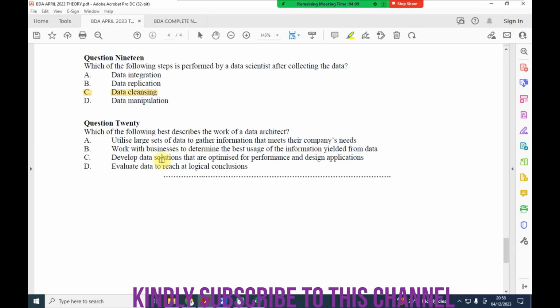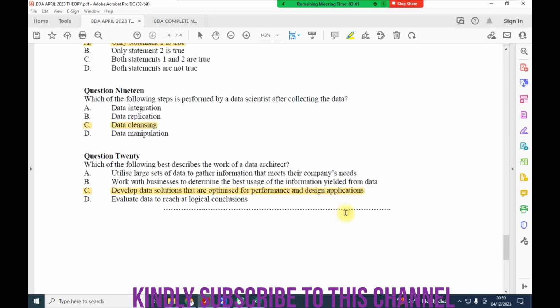So he's not utilizing any data, he's not working with the businesses to determine the best usage. No, he is being utilized to design, either design application or development. In the development phase, coming up with those software, coming up with those programs, that is where the data architect's work lies. And that is all under that particular paper.